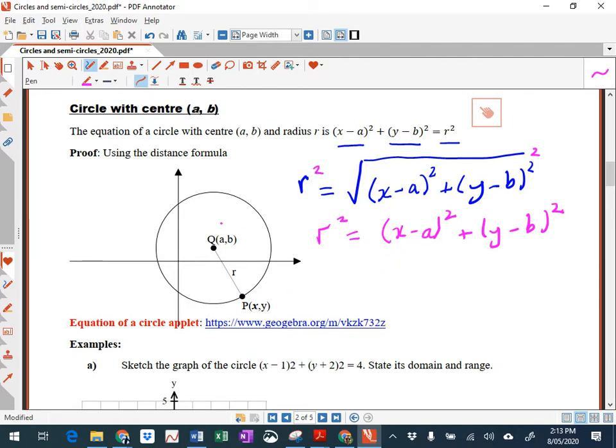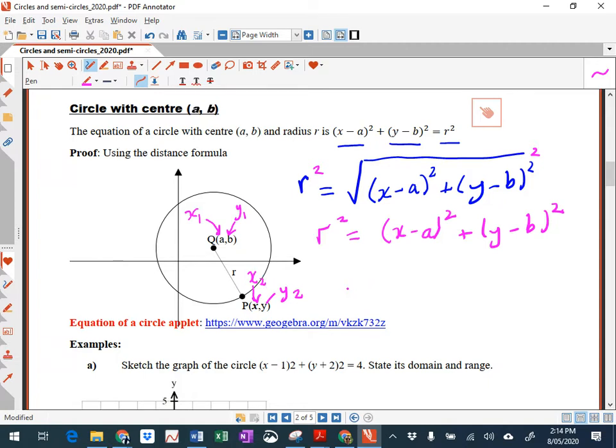Now, if you've forgotten what the distance formula is, remember you've got to label your values for your points. This a here would be x1, and this b here would be y1, and then this is my second y value, and the x here is my second x value.